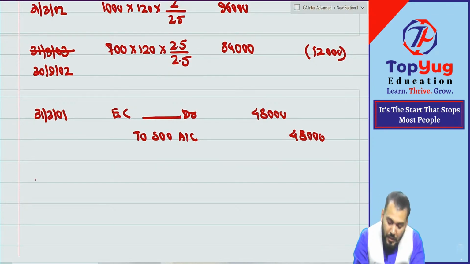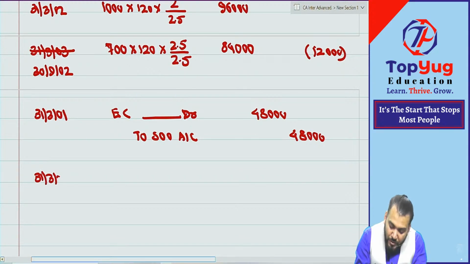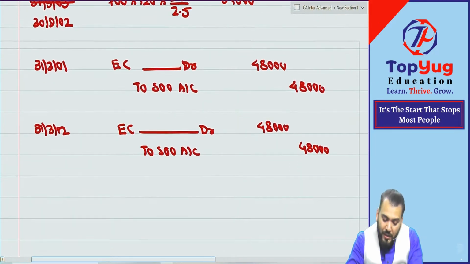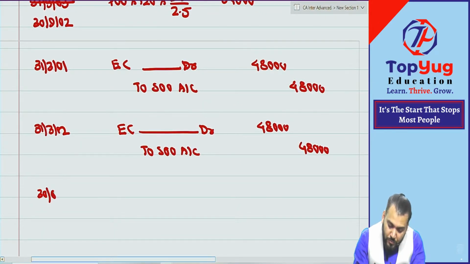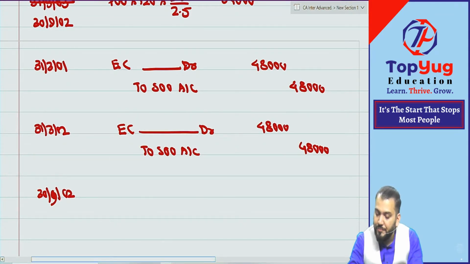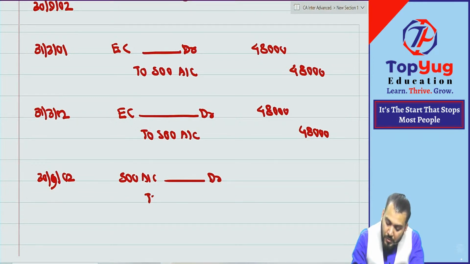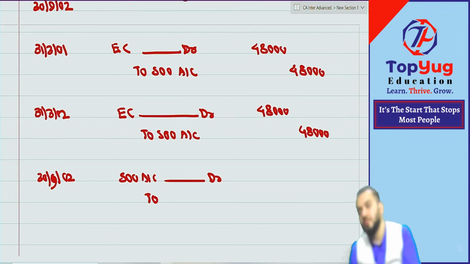Correct. 31st March 2002, employee compensation to stock option outstanding account, 48,000. My question to you all, what journal entry on 30th September 2002? This is the third year. Stock option outstanding account to what? Huh? Tell me.